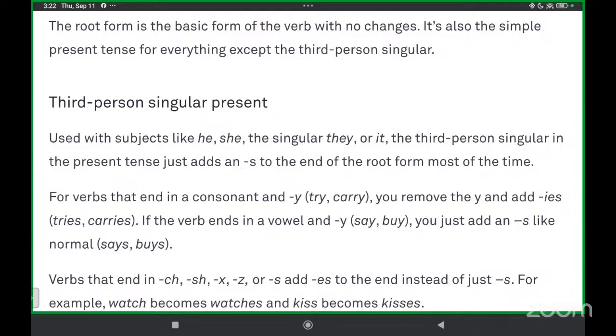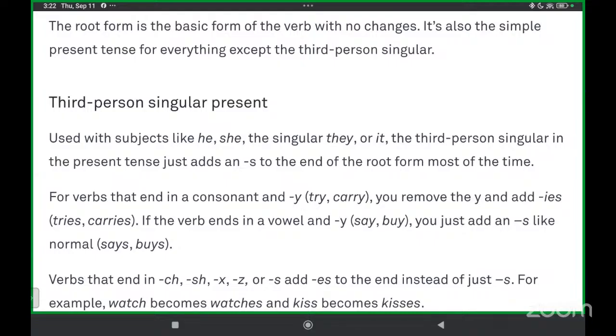Yes, Cedric, that is true. Commonly verbs do not end with an X or a Z, but maybe with SH or S, we add ES to the end instead of just S.